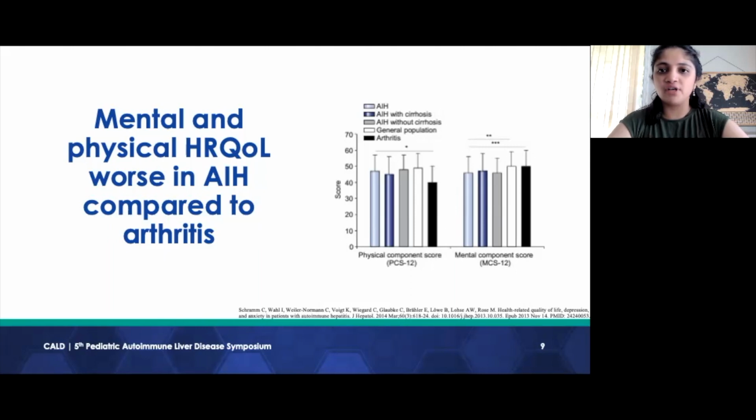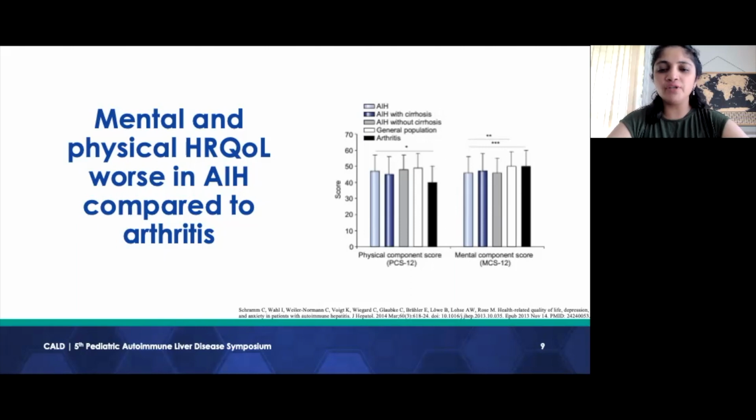This one is from a German study that studied the health-related quality of life, and specifically more psychological or emotional symptoms in these patients. As you can see in this graph, both mental and physical health-related quality of life were worse in patients with autoimmune hepatitis with or without cirrhosis when compared to arthritis.